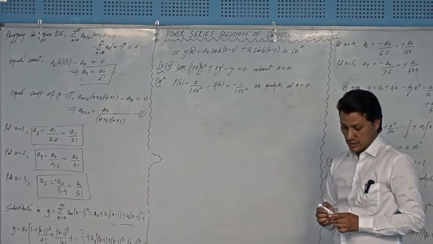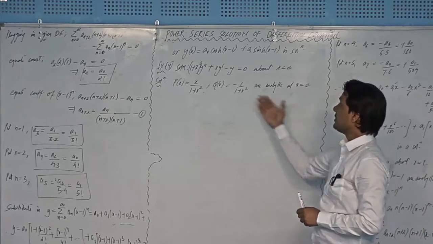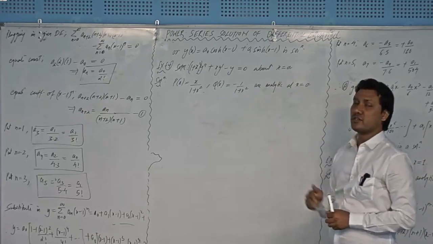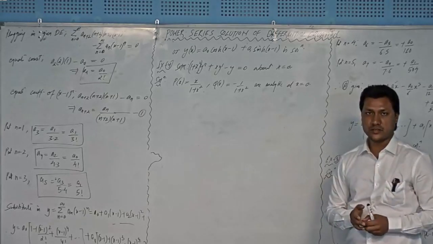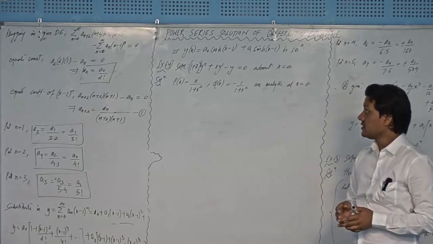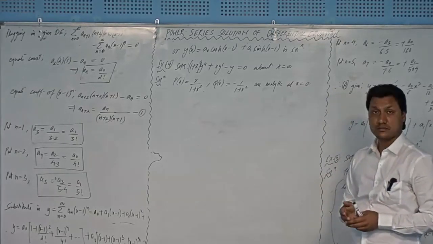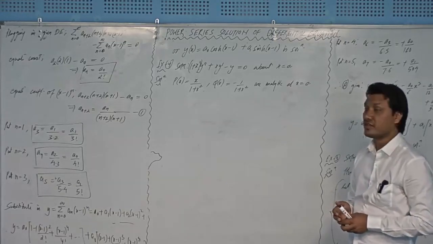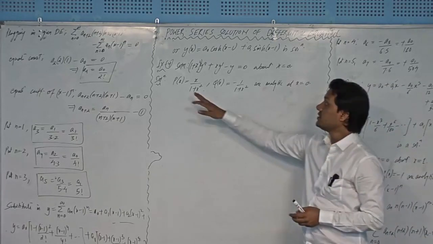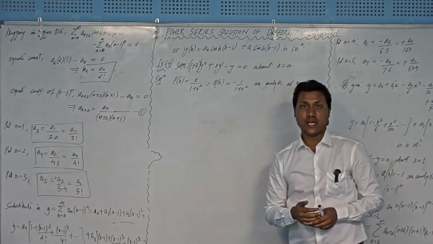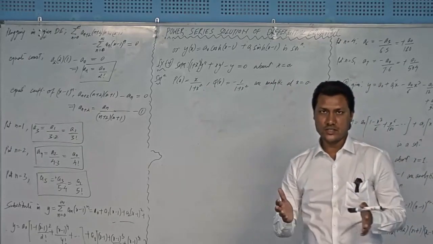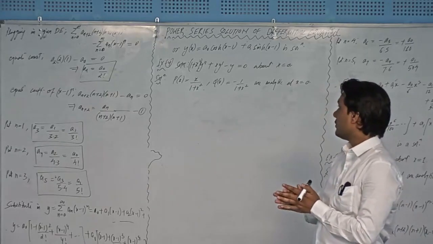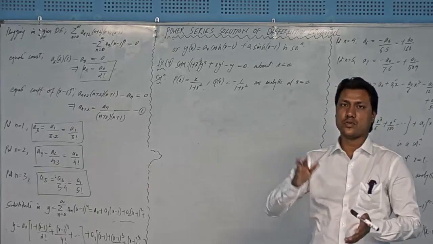And one more thing, merely checking that p(x) and q(x) exist at some point, you cannot immediately declare that the function is analytic at that point, right? Analyticity is something different. If you differentiate this p(x) and q(x) an infinite number of times and you go on plugging x equal to 0 in each of its derivatives, then all of those derivatives will exist, meaning they will not blow up to infinity.